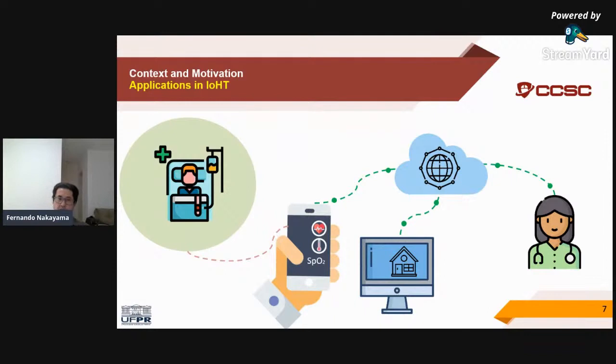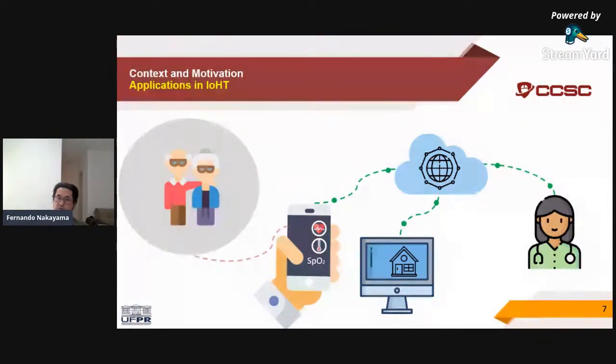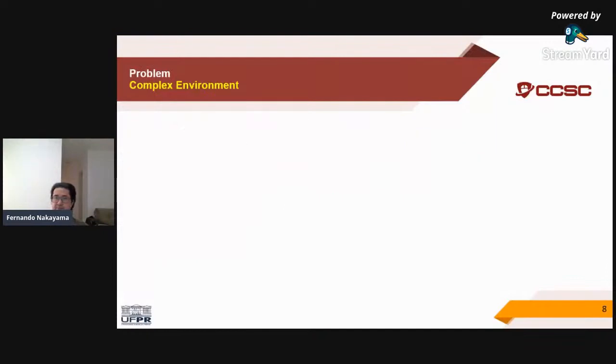And these applications include real-time monitoring of patients, tracking users' health during physical activities, and assisted living applications to monitor older adults.